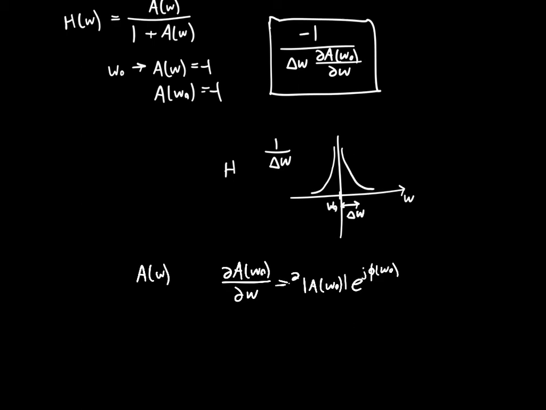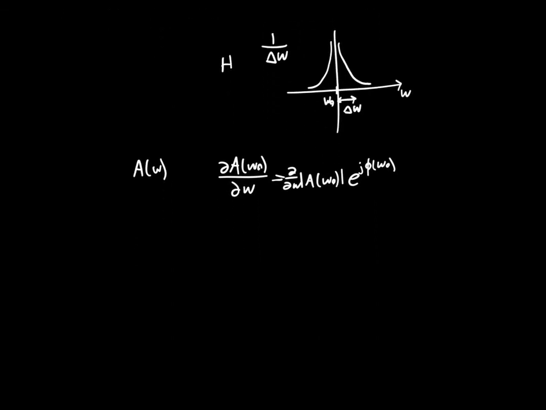The derivative of this, we can just use the product rule to expand, u prime v plus v prime u. The derivative of the magnitude, in general, we don't know, but we can just say it's the derivative of the magnitude at omega naught multiplied by the phase.